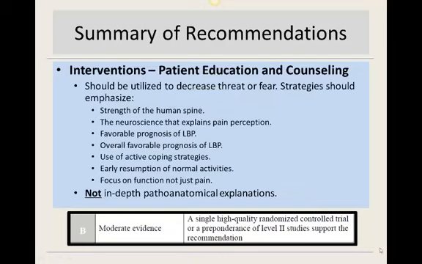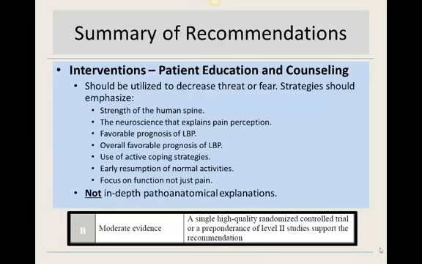Patient education and counseling is recommended based on moderate evidence for patients with low back pain. Patient education and counseling should consider affirming the patient that the human spine is very strong. They should also consider using neuroscience education that explains the patient's pain perception. They should continue to affirm the patient of the favorable prognosis of low back pain.